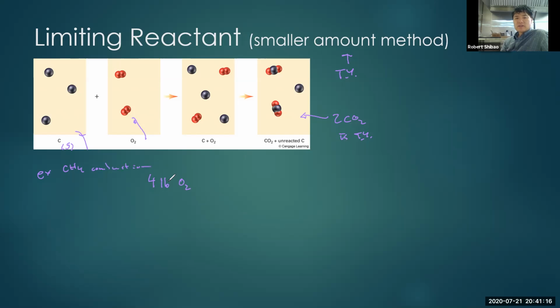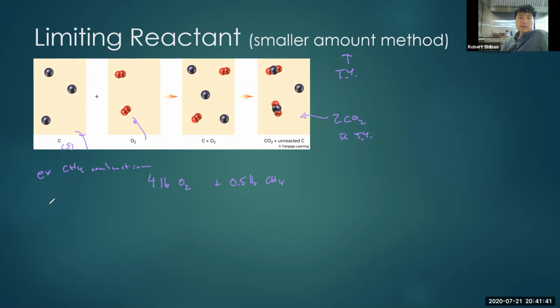When I look at methane combustion, if I have 4 pounds of oxygen, I should be able to produce about 2 3/4 pounds of CO2, right? But let's say I have 4 pounds of oxygen and I only have half a pound of methane. Can I still form 2 3/4 pounds of CO2? It turns out no, because I don't have enough methane. Methane is the limiting reagent.